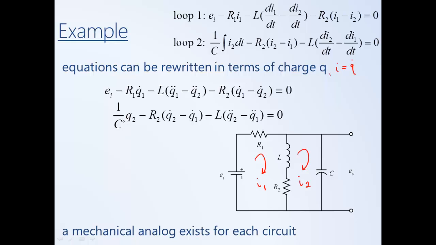Capacitance, or capacitors, store potential energy like a spring, so 1 over C is similar to a spring constant, or the stiffness in a mechanical system. Voltage is like a force in a mechanical system, and charge is like a mechanical displacement, meaning current is like a velocity.